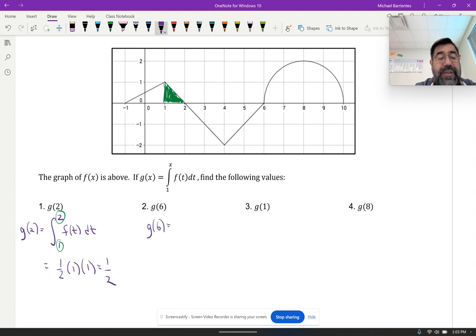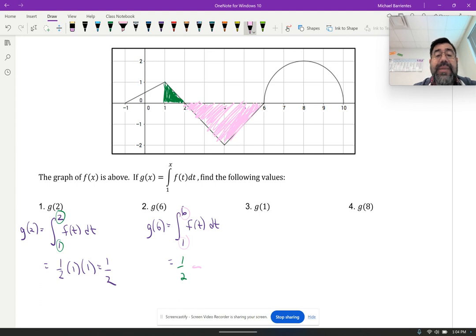G of 6, according to this definition, g of any x value is equal to the integral from 1 to that x value of f of t dt. Okay, so now I'm going from 1 to 6. So I'm starting here, but I'm going all the way over here. And now I have to worry about this negative accumulation. So this equals the area that I found in green, which we said was 1/2, minus this area in pink.